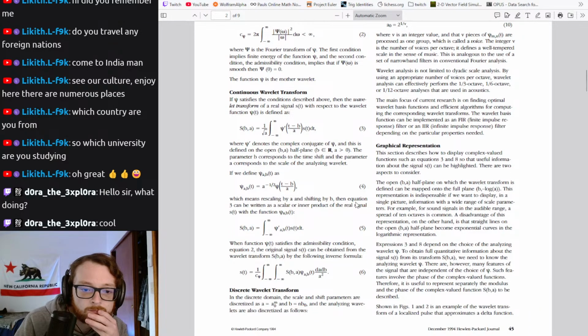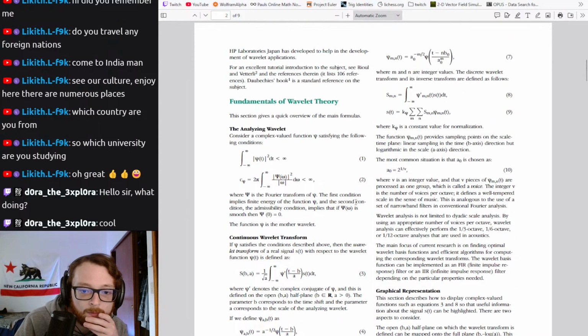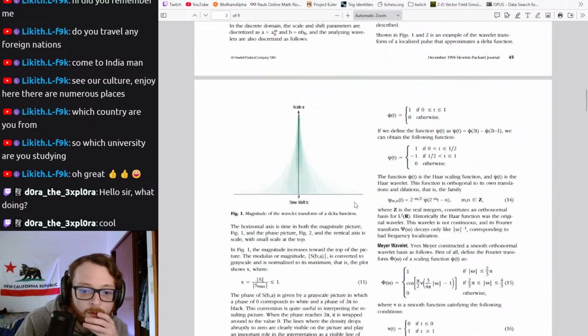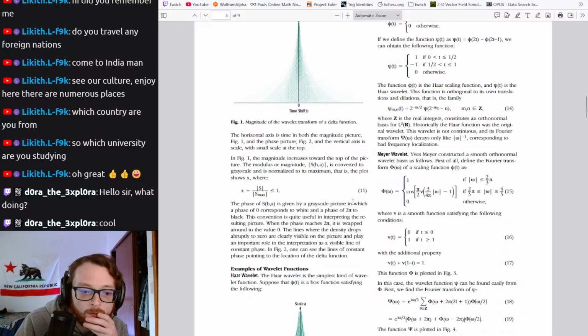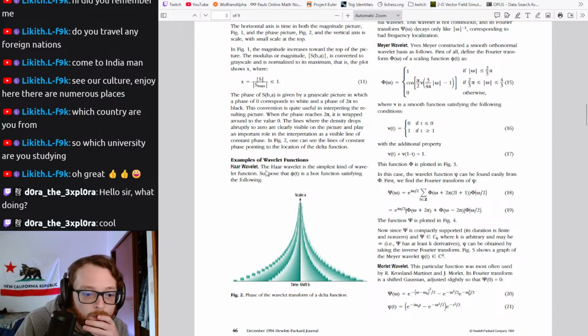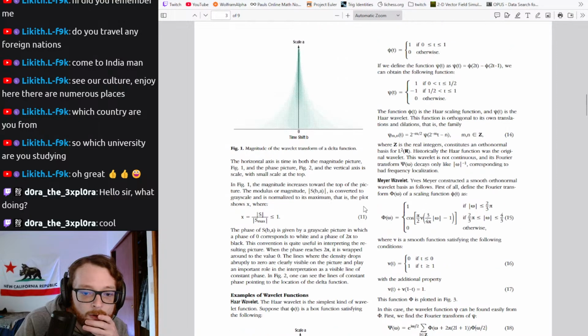Actually, I've been struggling to find a paper that talks about the different types of wavelets and compares them. Ooh, please tell me you're gonna do this for me, paper.